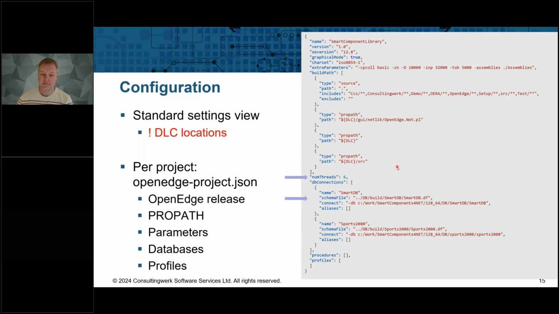And the other important thing to know is this num threads. That's a little misleading. But what it means is how many AVMs are going to get used to build your application. By default, as you know, the OpenEdge runtime is single-threaded. But we can use 6 AVMs to compile this project, and you can ramp that up to any number.